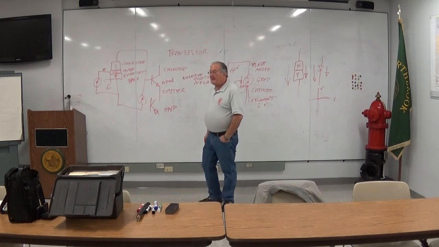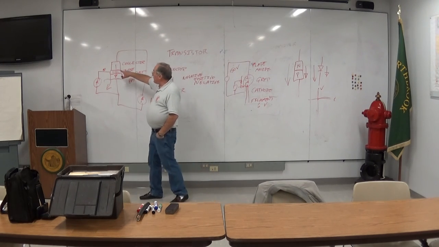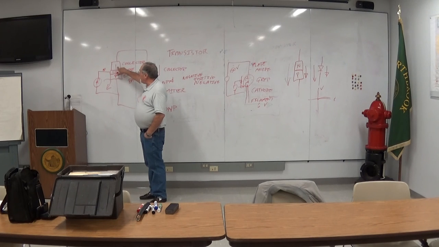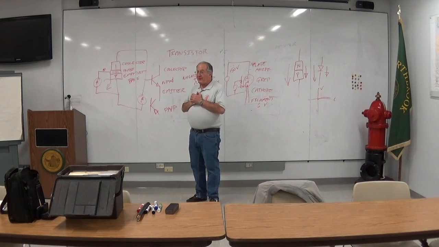It can't be very large because those electrons have to traverse from here to here, or the conventional current has to traverse in the opposite direction. And you can't have too much material for it to go through. You just need a place for the minority carriers to be injected in to make this avalanche effect work.